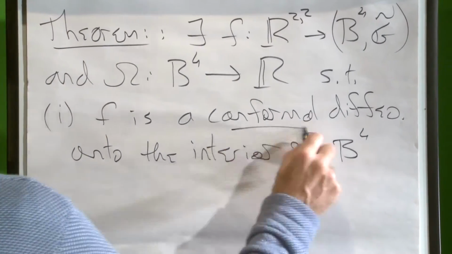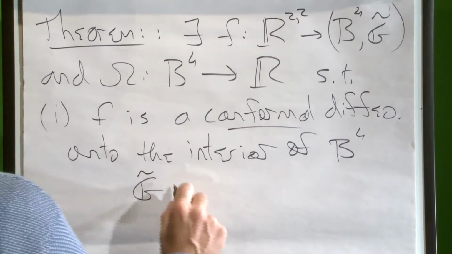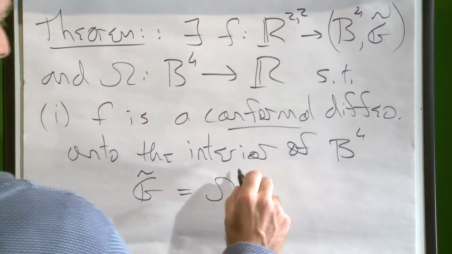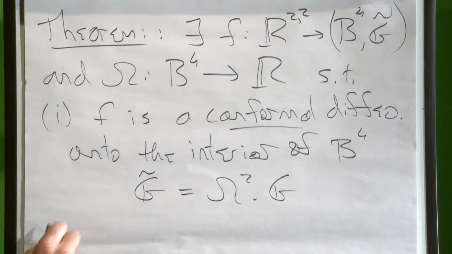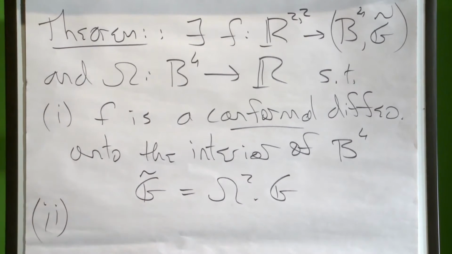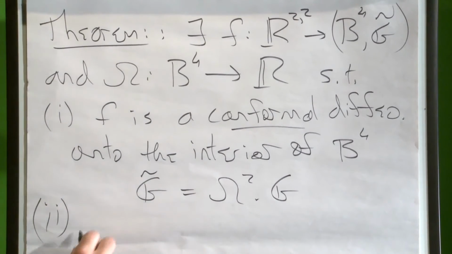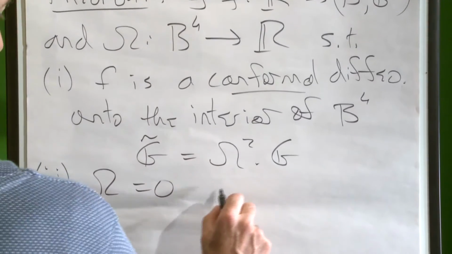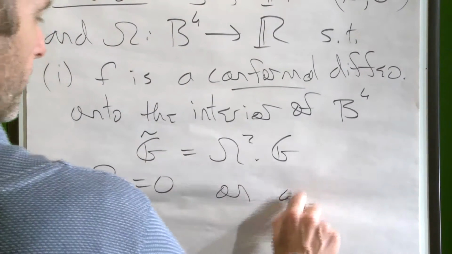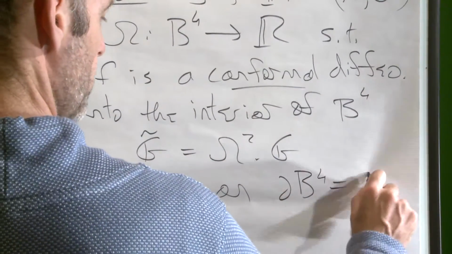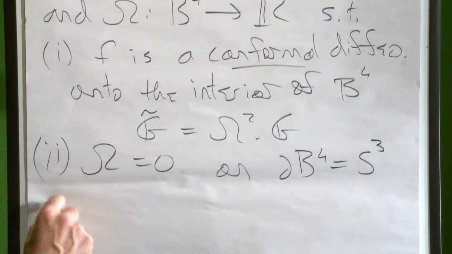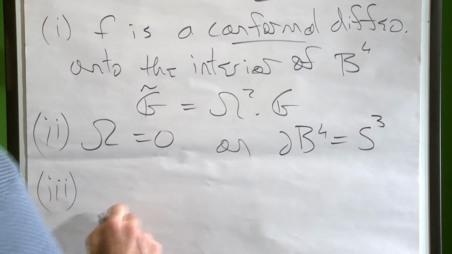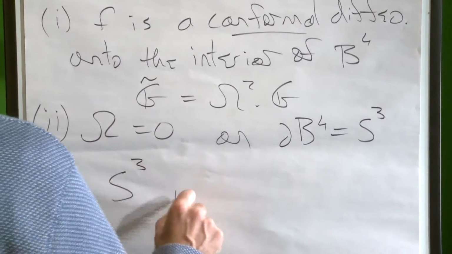So in particular, when I say conformal, I mean that the metric G tilde is in fact this factor here times G. So this function is the conformal factor for this metric. Secondly, this conformal factor vanishes on the boundary. And the boundary of this 4-ball, of course, is just S^3. Topologically, this is all simple. The third property is that this S^3, this boundary, is null.